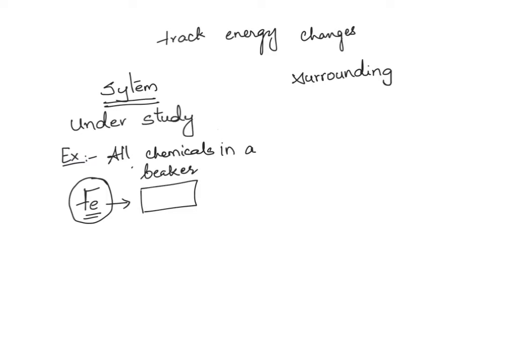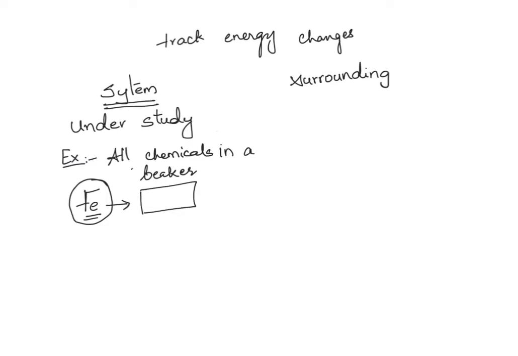Now how many types of systems are there? There are 3 types of systems. Open systems exchange mass and energy. And then there is closed system, and they exchange energy.